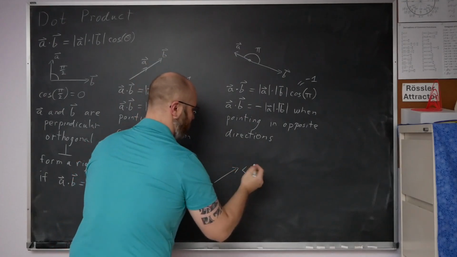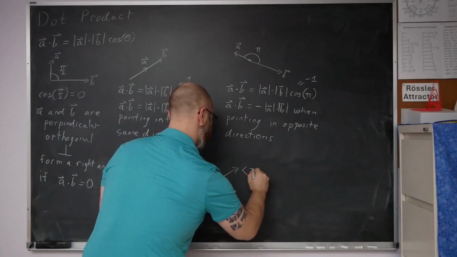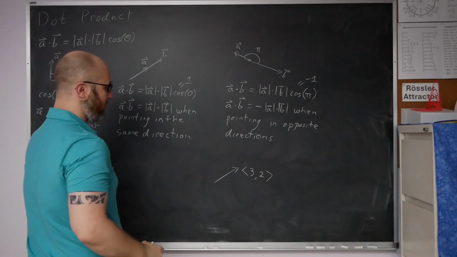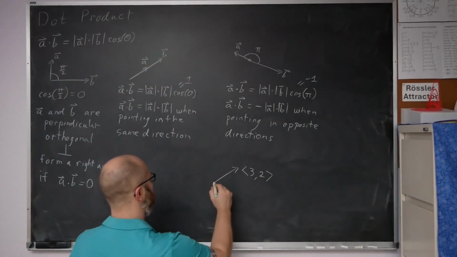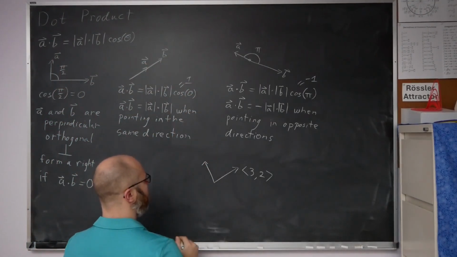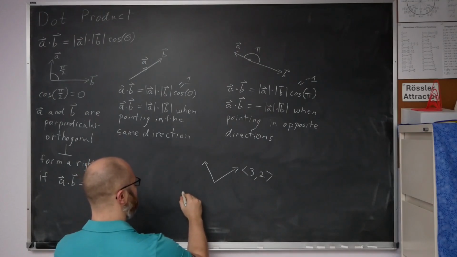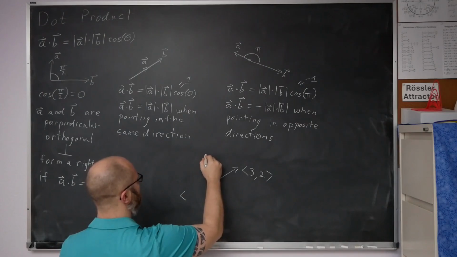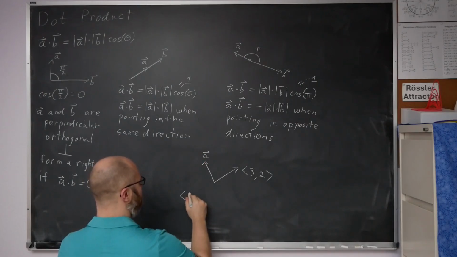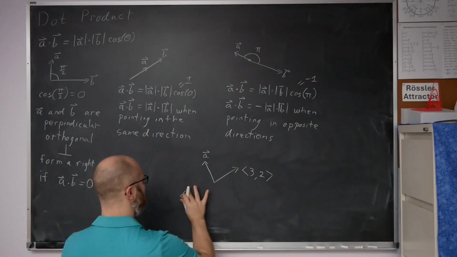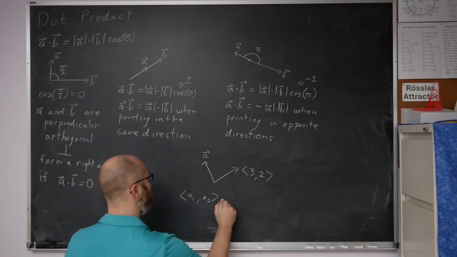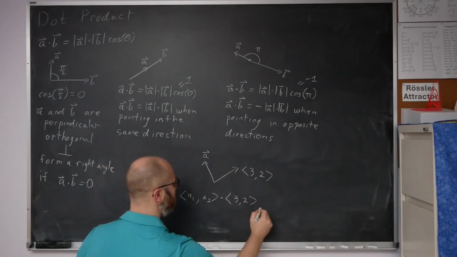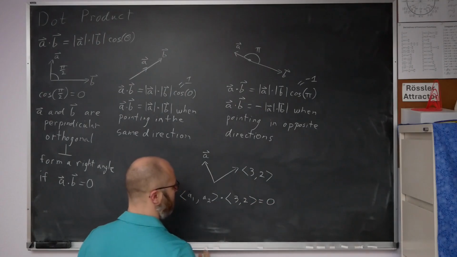Let's say this vector is 3, 2, and I want to make a vector that's orthogonal to it. All right, then what I can do is say, let's call this vector A. So if I have A1, comma A2, dot the vector I have, 3, 2, I want that to equal 0.